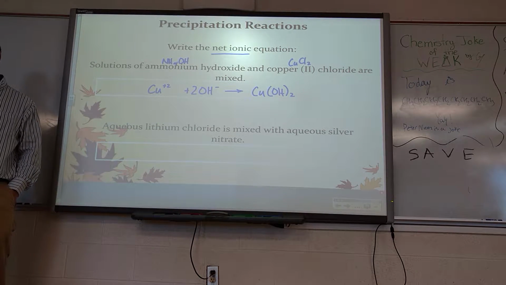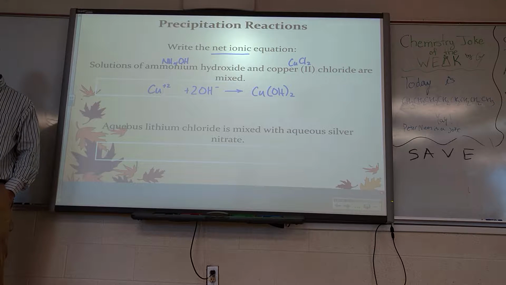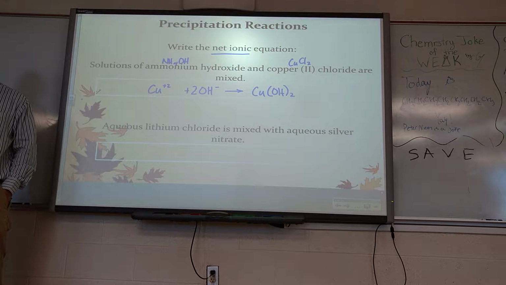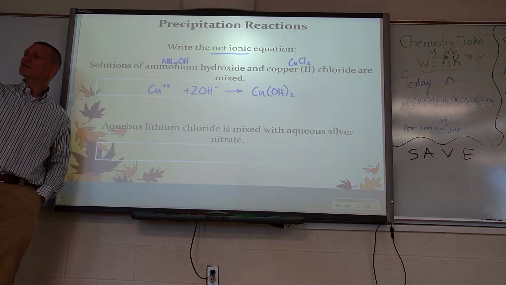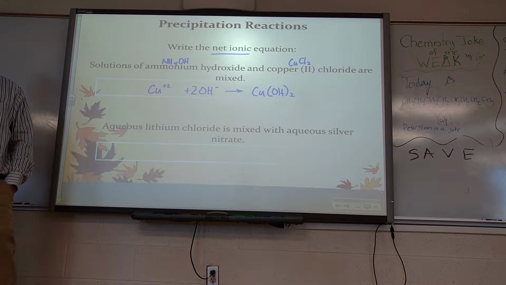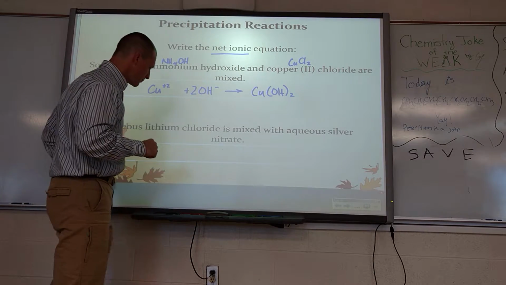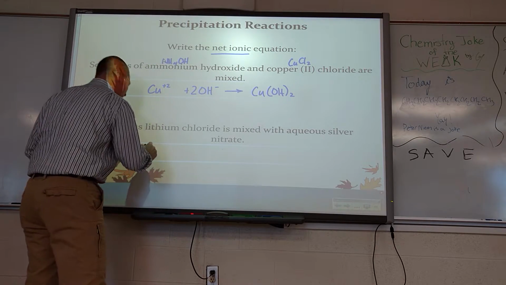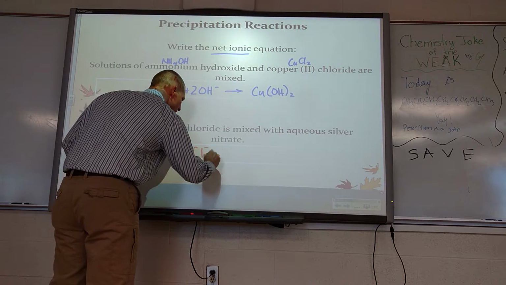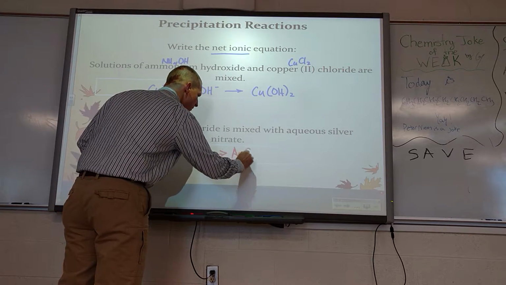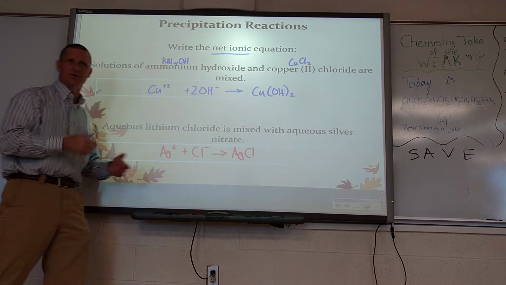So do they form a precipitate? No, soluble means they stay dissolved. Okay. So they're the ones that don't form precipitates. The ones that are slightly soluble in the rules, they do form precipitates. Okay? So, we have silver ion and chloride ion making AgCl. There's our Net Ionic Equation for this reaction.